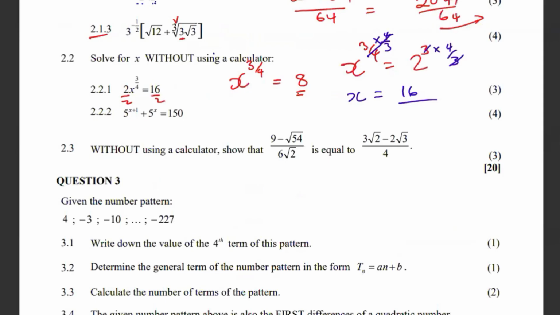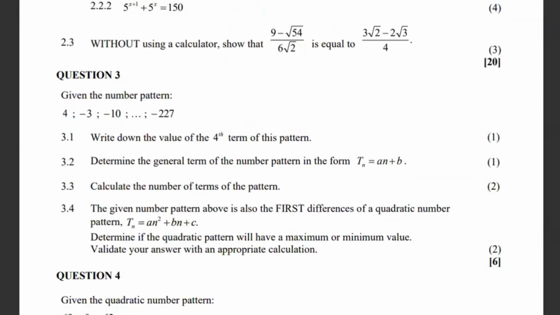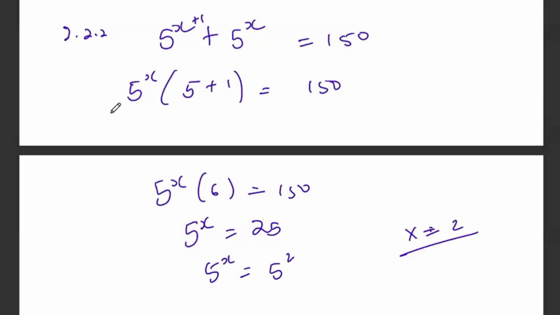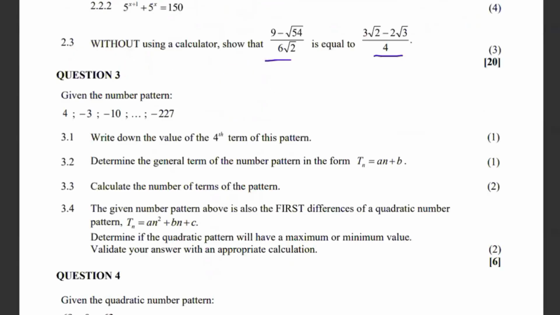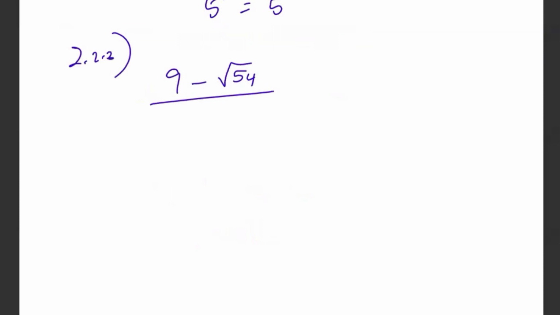All right. Then 2.3, still without a calculator. Can we show that this is equal to that? So this takes us back to rationalization. Okay, so we have 9 minus root 54 over 6 root 2.